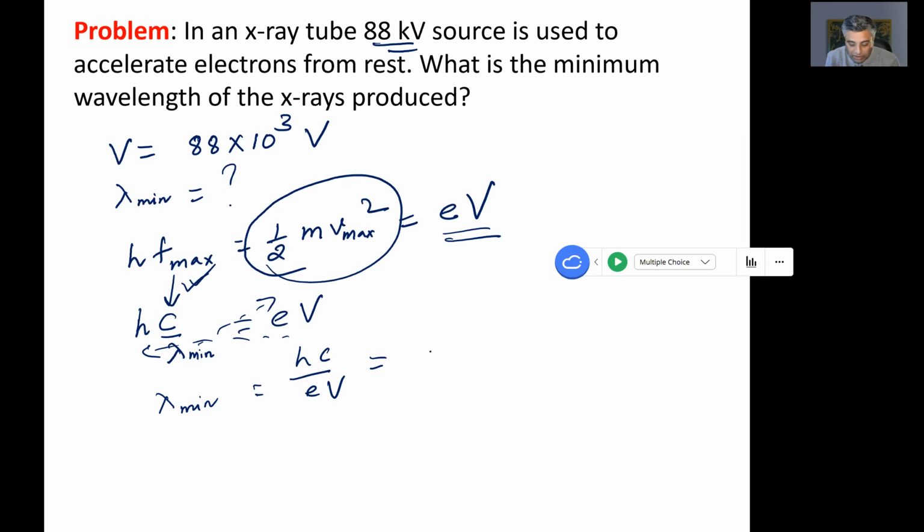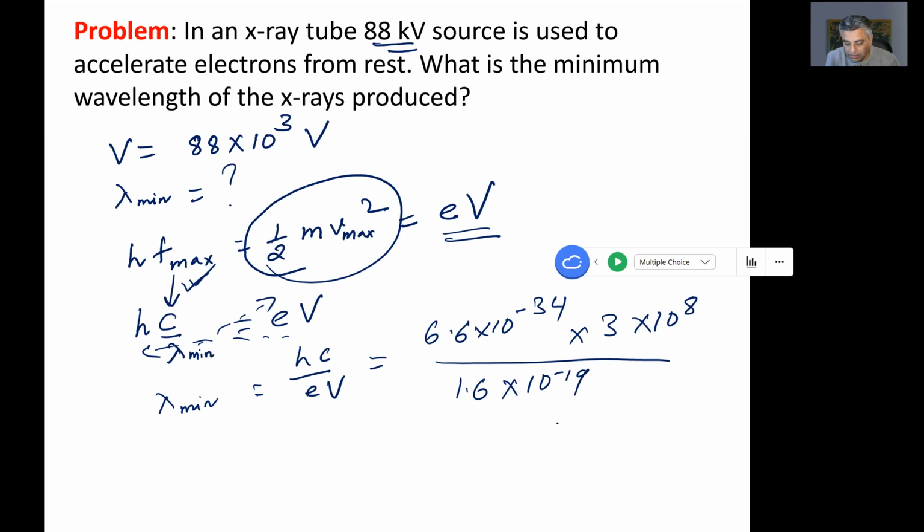So now you can plug in all the numbers: 6.6 times 10 to the power negative 34, this is 3 times 10 to the power 8, e is the charge of an electron, and V is given here, 88,000. Okay, so that's going to be the wavelength in meters.